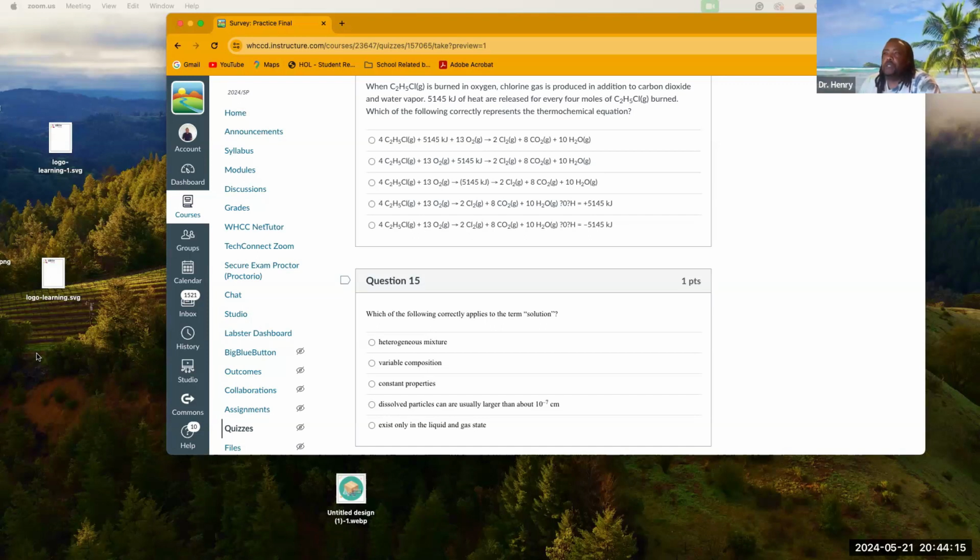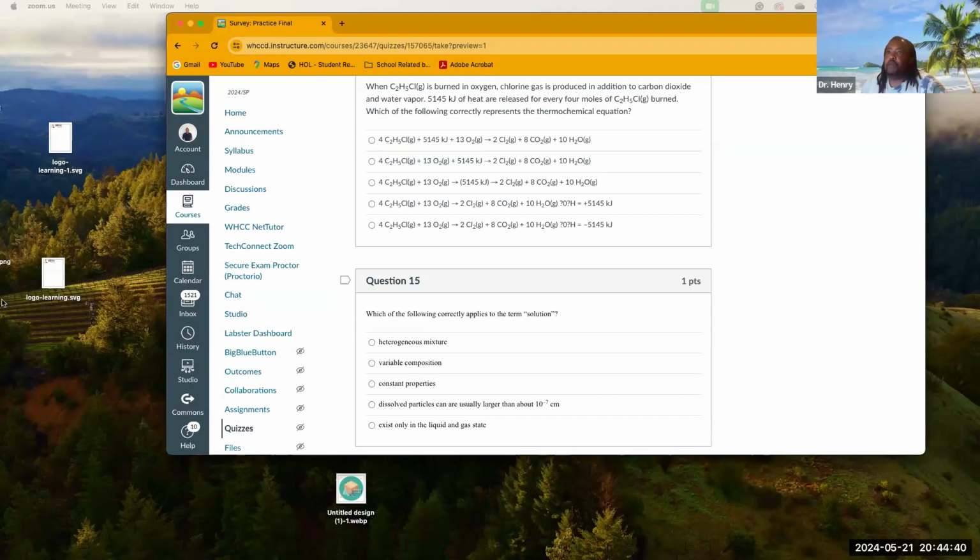Okay, so is the heat going to be on the reactant side of the equation or on the product side? Product. Okay, it's going to be on the product side because it's being released. That's right.